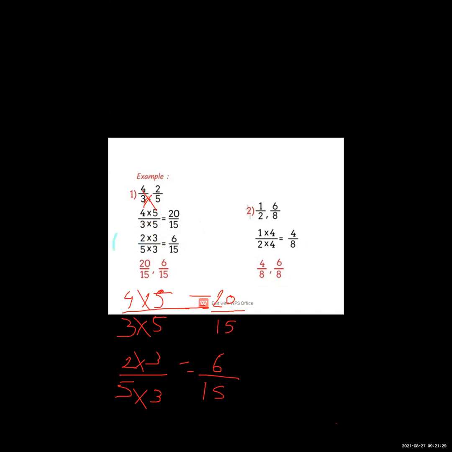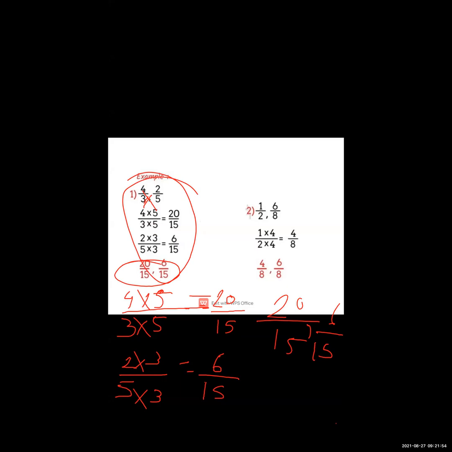Okay, so then we got the answer, that is 20 upon 15 and 6 upon 15. So we got both denominators the same. You have to do this method. Okay, so this is the answer.